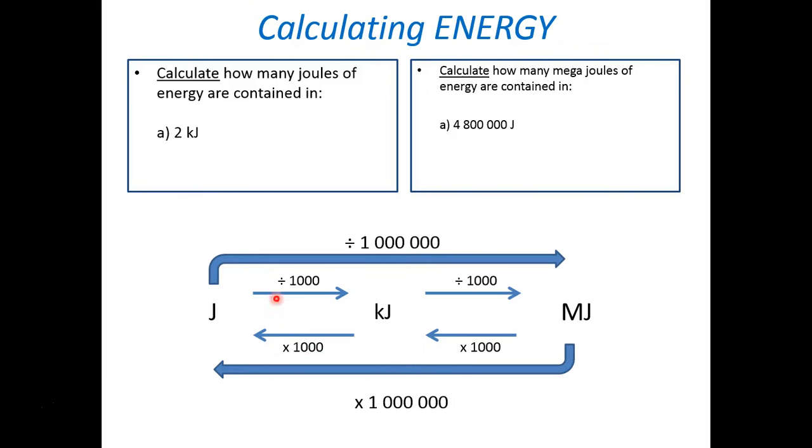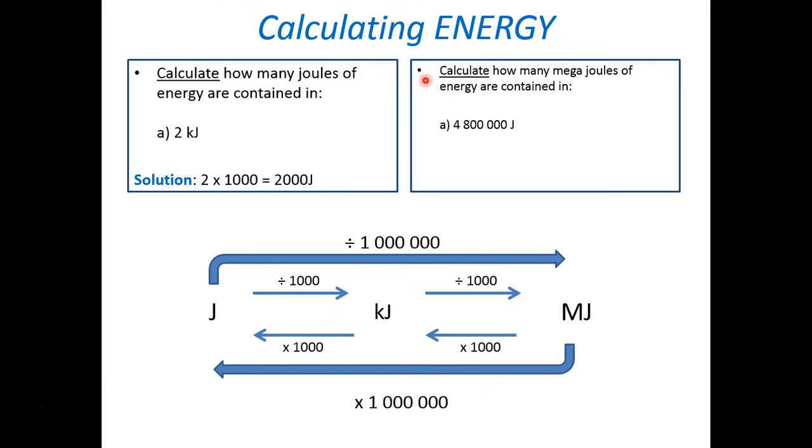And then to go from joules to kilojoules, we've got to do the opposite. We've got to divide by 1000. So if we wanted to calculate how many joules of energy are contained in 2 kilojoules, 2 kilojoules times 1000 will be 2000 joules of energy.